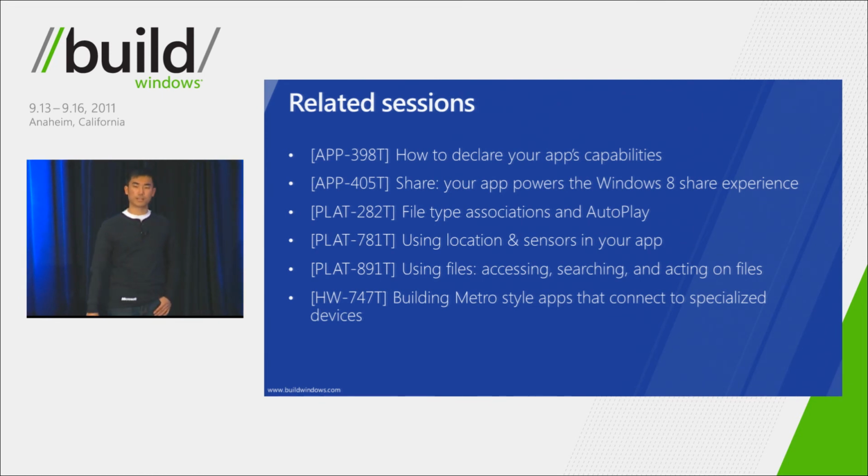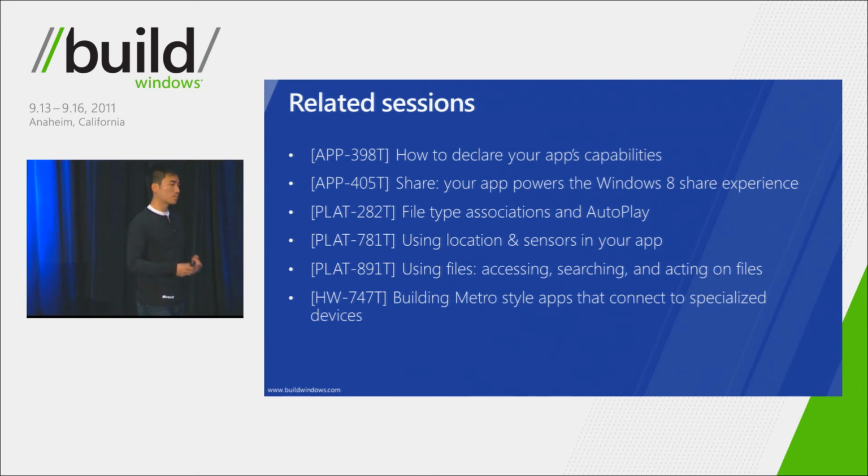File type associations and autoplay, those are concepts that have been around in Windows for a while. We didn't really have a chance to go into details about that today. All the devices we showed were already connected to the PC when we started the demo.